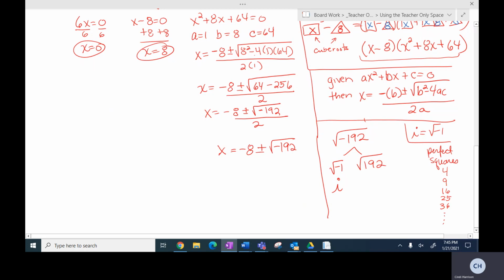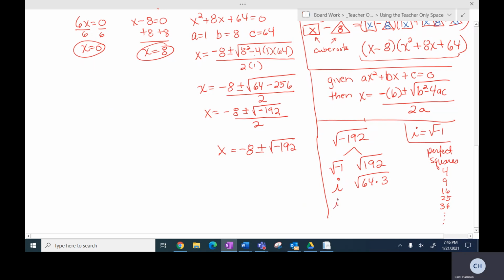So if you have a calculator, you would just say 192 divided by 4. Well, that goes, but there's probably one bigger. So you want to keep going until you convince yourself you found the largest perfect square factor, and in this case, it's going to be 64.